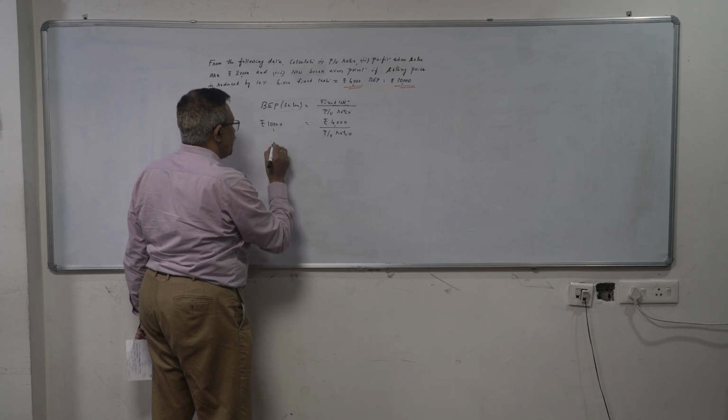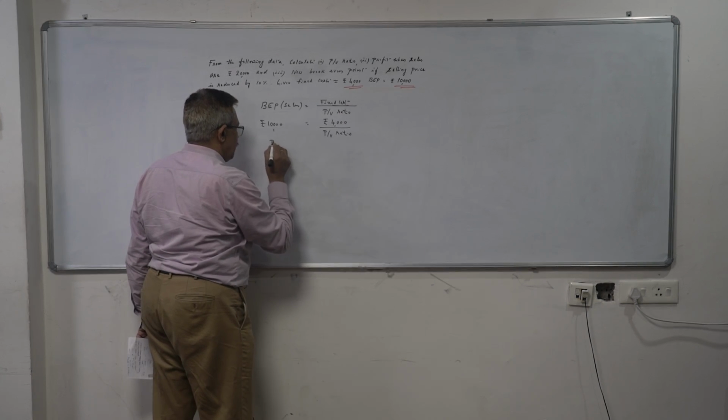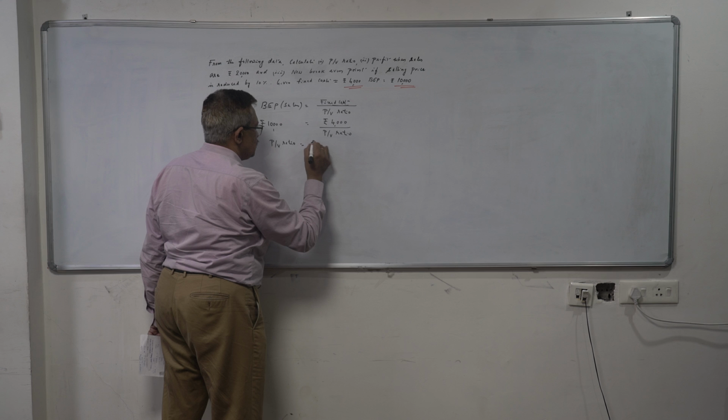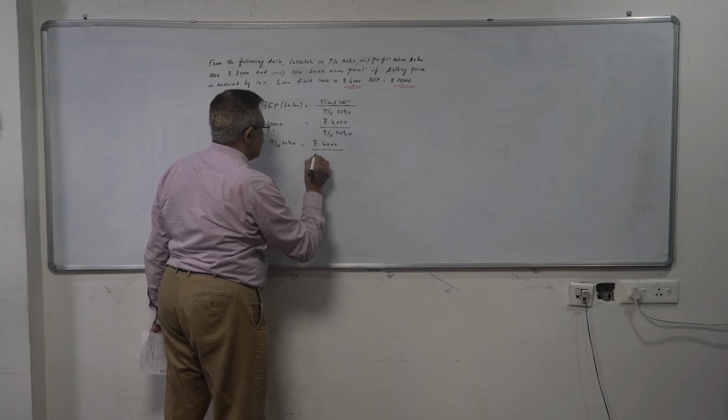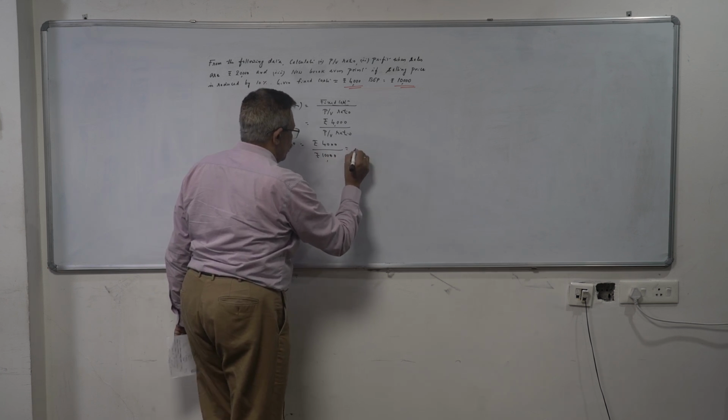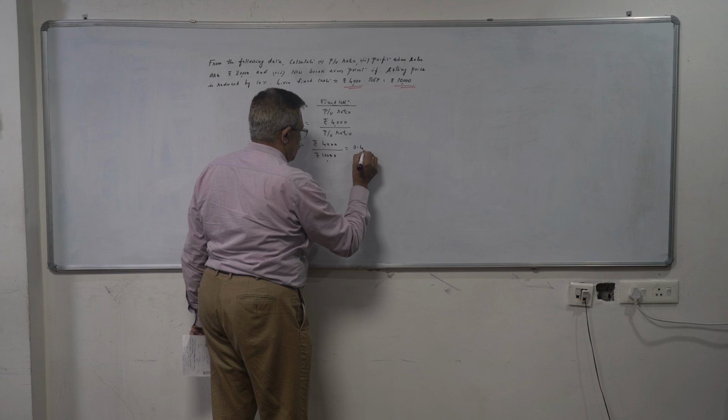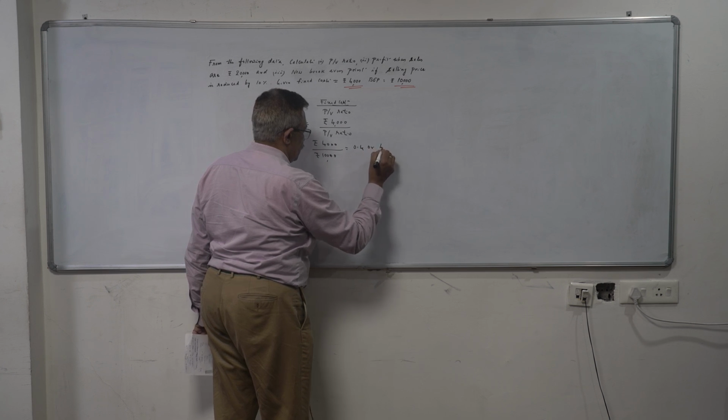So by cross multiplication, it becomes PV ratio will be equivalent to rupees 4,000 divided by rupees 10,000, which is going to be 0.4 or 40%.